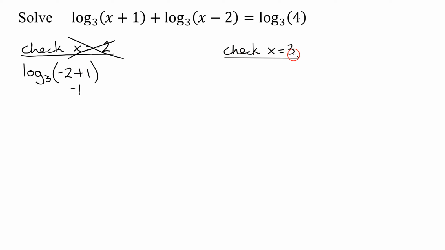So now let's check x equals 3. So I'm going to have log to the base 3 of 3 plus 1. 3 plus 1 is 4. Is that positive? Great. Plus the next term here, log to the base 3 of x, which is 3, so it's 3 minus 2. 3 minus 2 is positive 1.